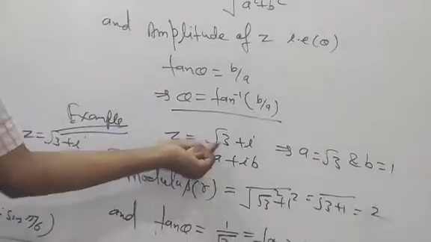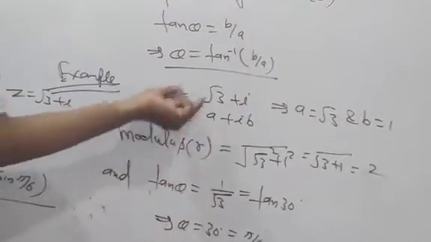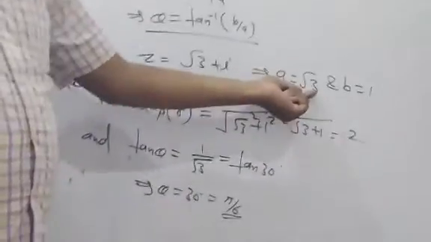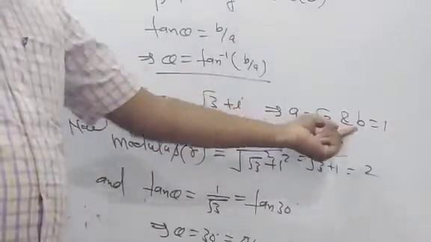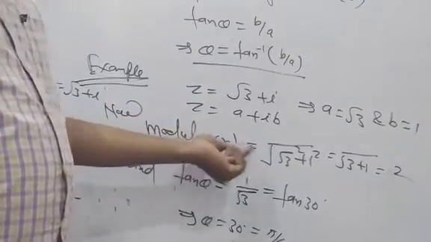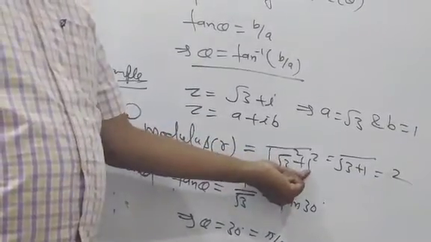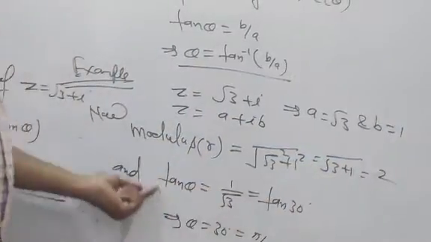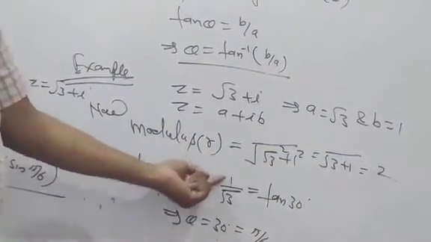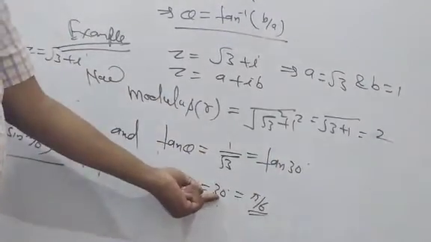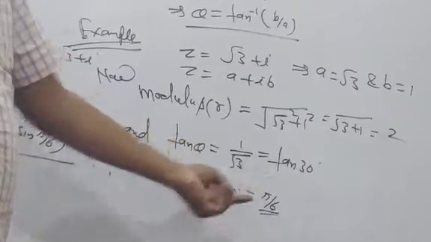This is the question here: z is equal to under root 3 plus i. Comparing with z is equal to a plus ib, a is equal to under root 3 and b is equal to 1. Then the modulus of the complex number z is r is equal to under root a square plus b square, that is under root 4 is equal to 2, and tan theta is equal to b by a, tan 30 degree, theta is equal to 30 degree, that is pi by 6.